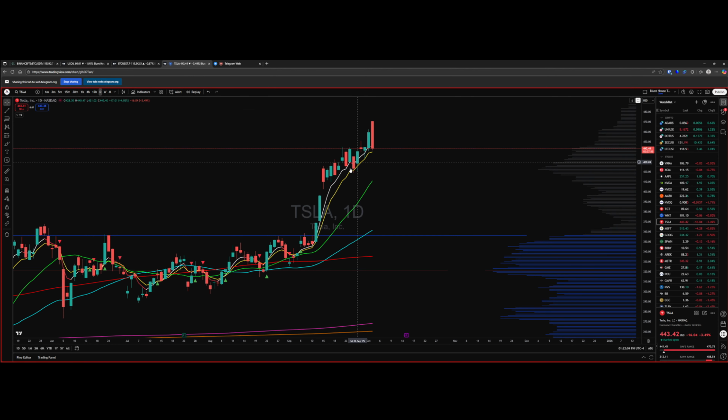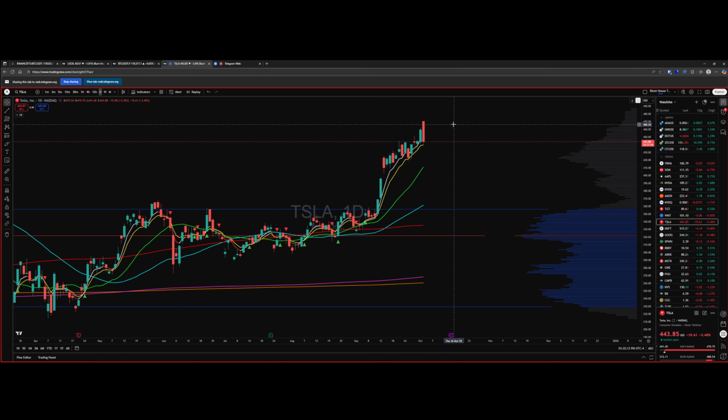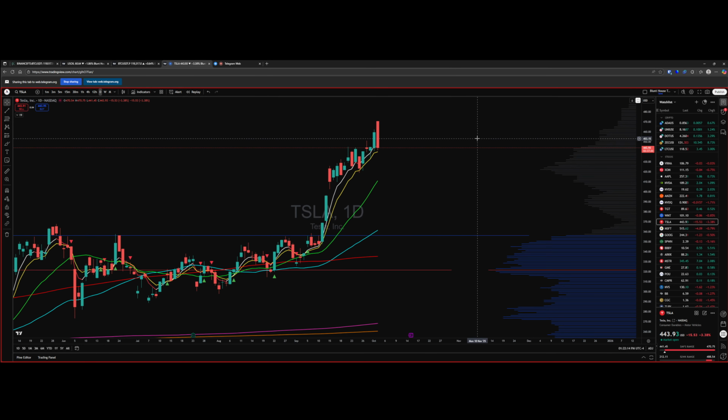So trend is still bullish. Tomorrow being Friday, we'll see what that brings. But what's the downside risk? The downside risk on the daily chart is you obviously break the T line at 439.90, and you break one level, you'll find the next being the 20.